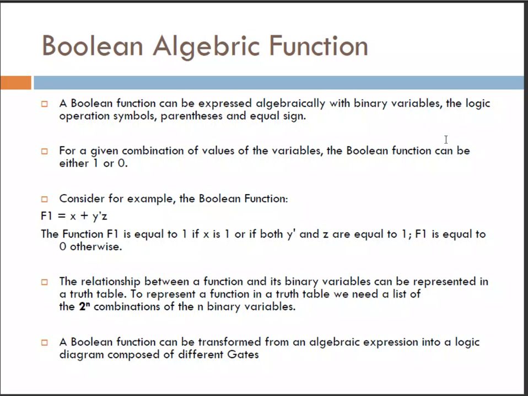It means that you have binary variables, that is, variables that can take a value of 1 or 0; the logic operation symbols, either AND or plus and so on; and then parentheses and an equal sign. For a given combination of values of variables, the Boolean function can be either 1 or 0, as you have explained. Consider, for example, the Boolean function here.